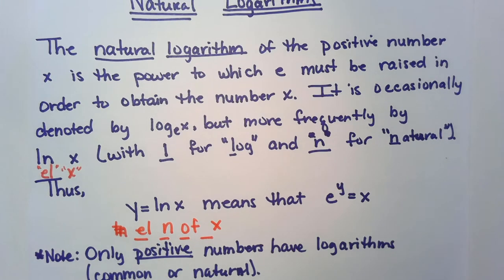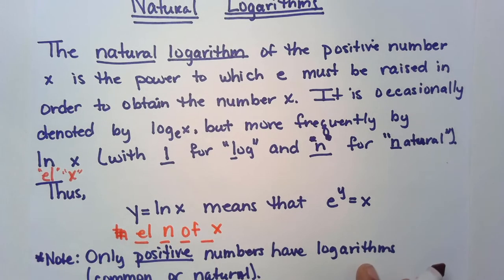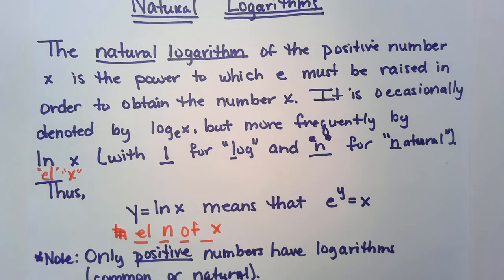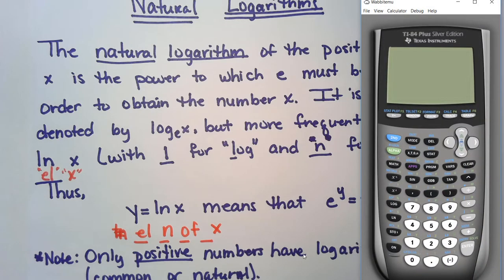Note, only positive numbers have logarithms, common or natural. So if you try to use your calculator, and let's say that we put in log of -5, I want you to see this. What's going to happen?